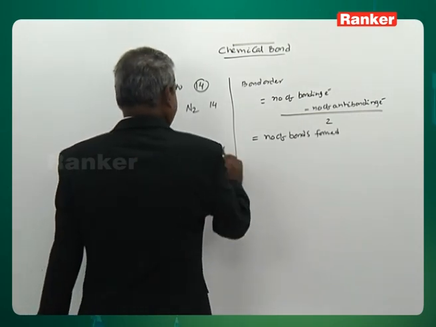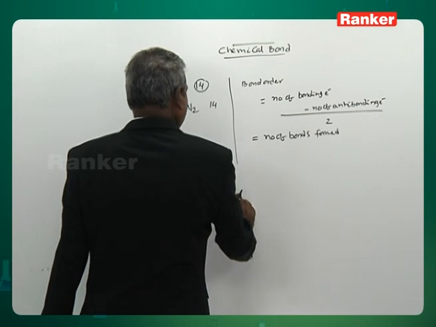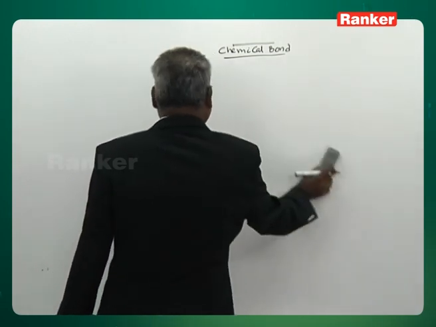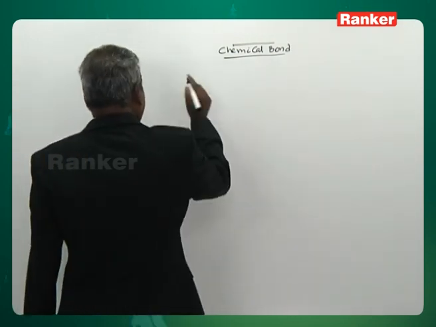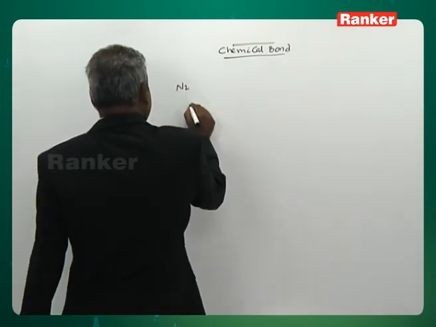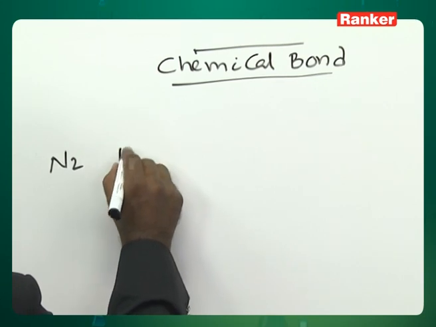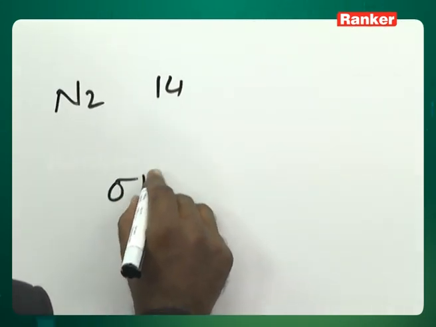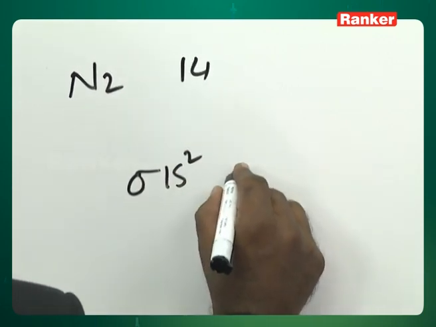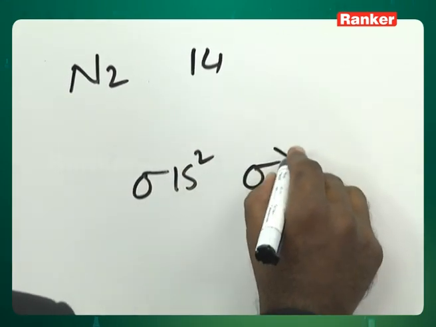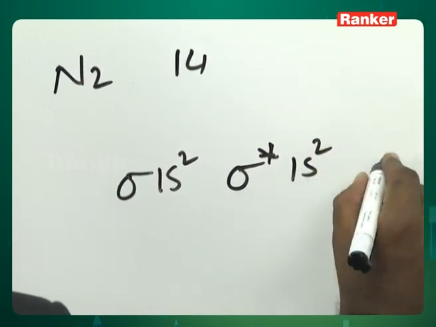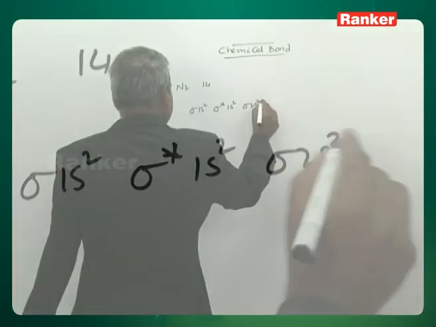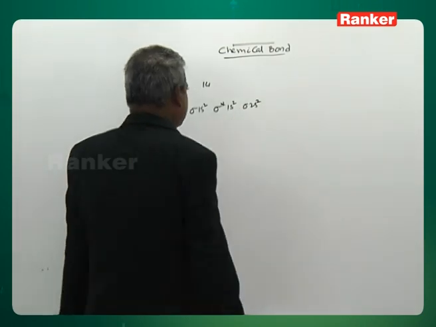So look here, this is the rule for bond order. Number of bonding electrons minus number of anti-bonding electrons by 2. And let us go back to N2. 7 plus 7, you have a total of 14 electrons. Now, sigma 1s2, sigma star 1s2, sigma 2s2. How many electrons have I distributed so far? 6.